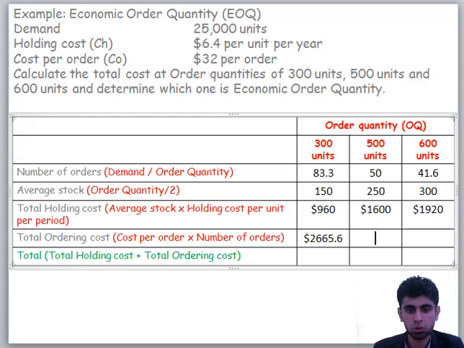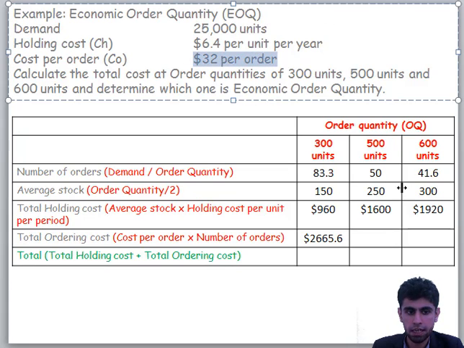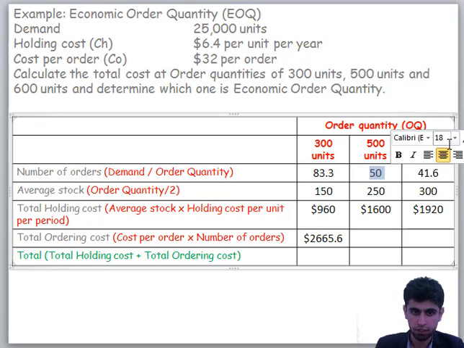We can calculate the total ordering cost for 500 units: 32 per order times the number of orders, 50. So 32 times 50 is 1600.